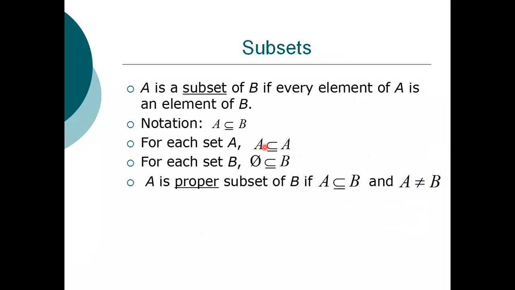That means A is a subset of A. For each set B, we can denote the empty set is also a subset of any set. So we can write the empty set is a subset of B. A is a proper subset of B if A is a subset of B and A is not equal to B. That means the elements of A and B are not equal. Then we can say A is a proper subset of B.